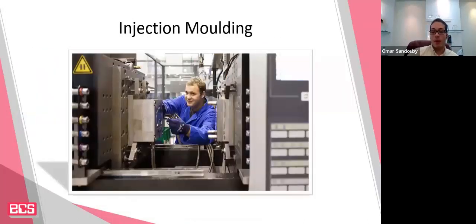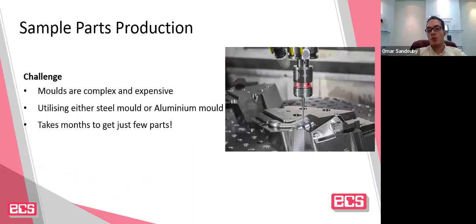So for plastic parts, one of the most common production methods that we use is, again, injection molding. And for anyone who is doing injection molding, there's always a persistent challenge before they go and scale into production. The fact that the customers need sample parts, and those parts would have to be processed by molds again.